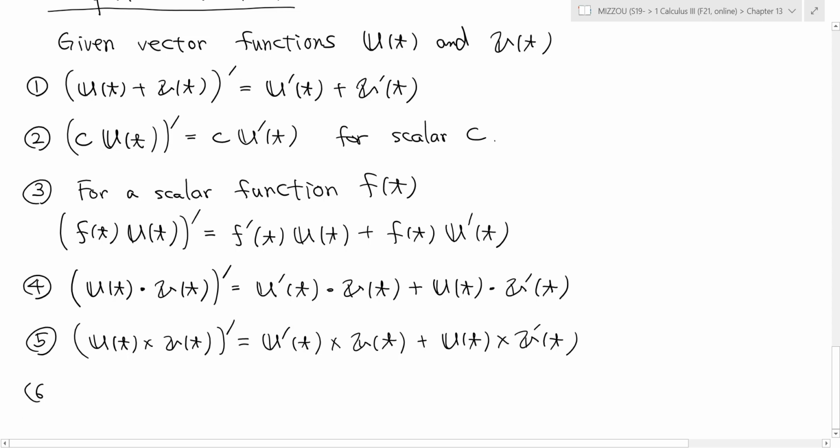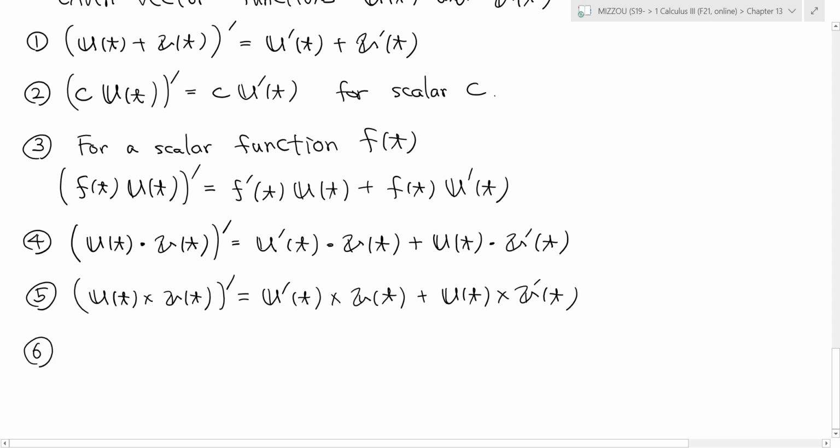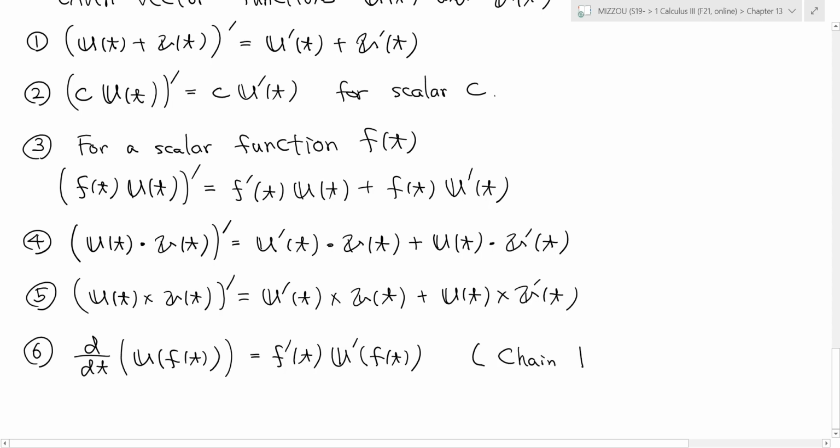And finally, if you differentiate u of f of t, namely you plug in a function of t into the variable for u, and then you differentiate it, this is the same as, first you differentiate u, and then just plug in f of t, and then multiply by f prime of t. So this is the chain rule.